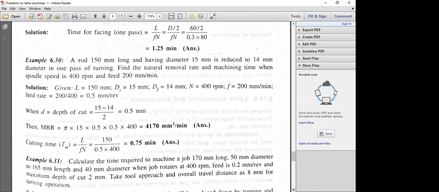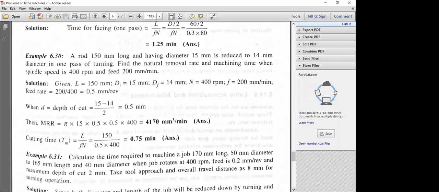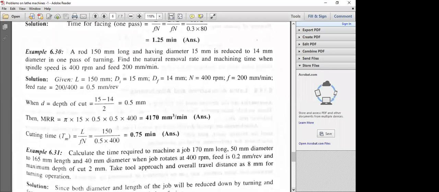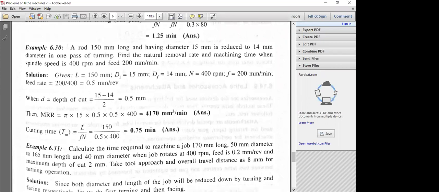And the next problem: calculate the time required to machine a job 170 mm long. So L is 170, initial diameter is 50 mm, to 165 mm length. He has reduced the length from 170 to 165.